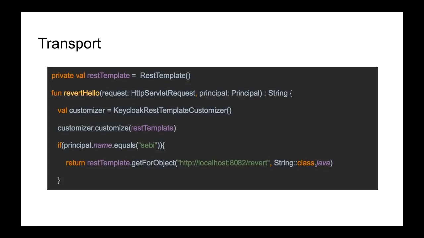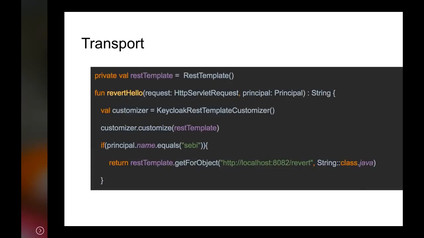It's just like a regular Spring REST template, but it takes care for you of putting the access token in the header. So you don't have to take care of anything. Here you customize your REST template, and if you do a get to another service, it will just put the header for you. Okay? So, enough talking, let's move to some code and some demo.